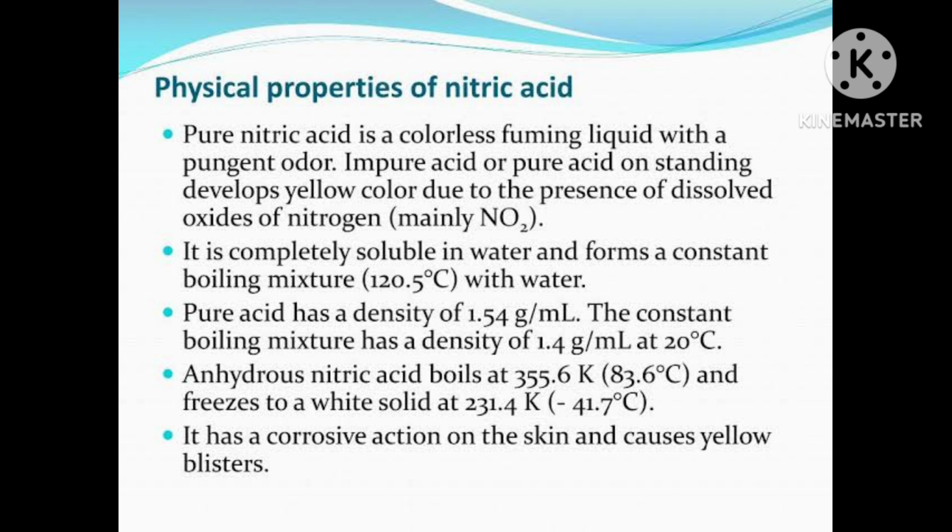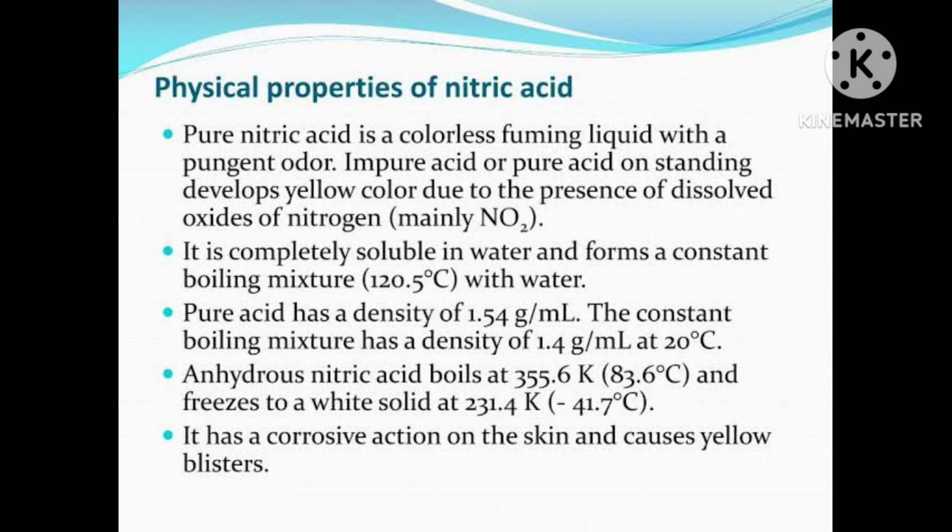How will you do the test? Now I am telling you. I told you the final result, but how will you do it? The test is usually carried out by adding dilute ferrous sulfate solution. This is the main reagent. The ferrous sulfate solution must be dilute.